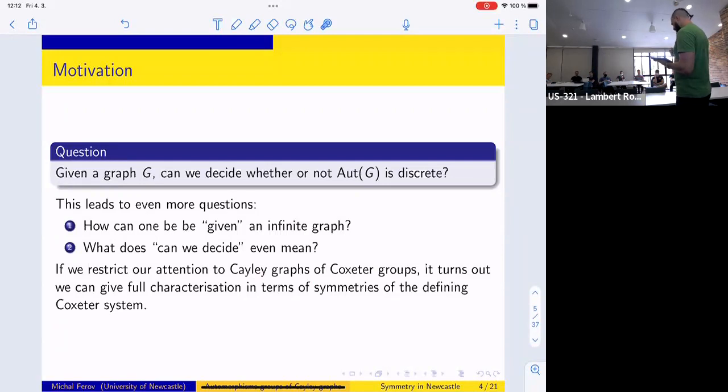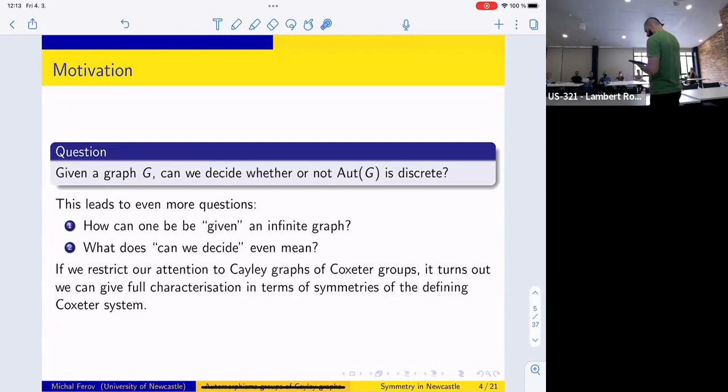And Cayley graphs of what? Well, Cayley graphs of Coxeter groups, because they are nice groups. There's a fair amount of study already done about their combinatorics, about their geometry, and in this case, we find out that there are certain nice things that we can say about their Cayley graphs.